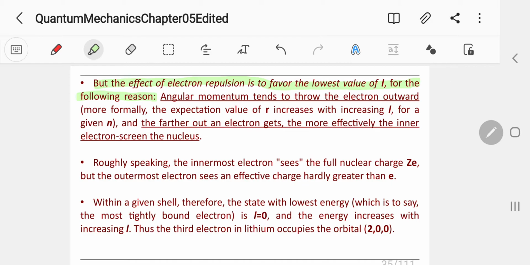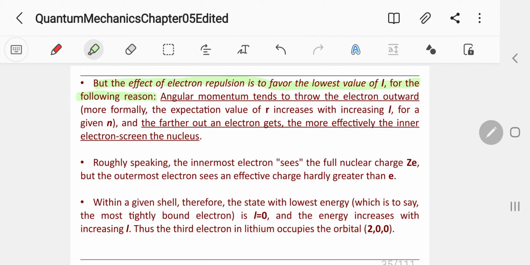So the more electrons revolve around the atom, the outermost electron sees a net charge of only around positive e.